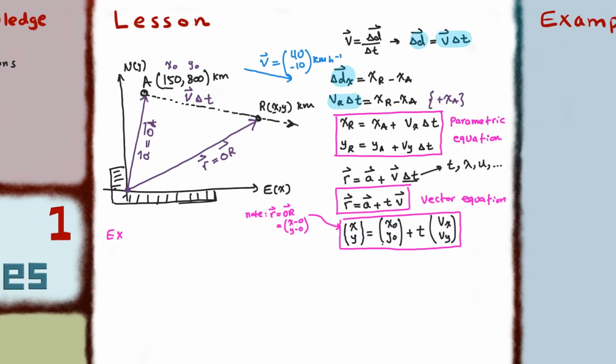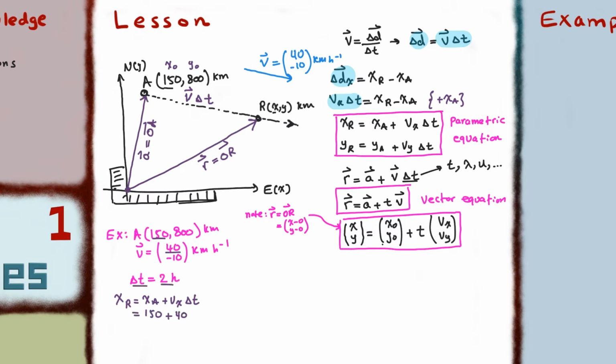For our example above, if we had point A at 150 and 800 kilometers and velocity was 40 kilometers per hour in the east and 10 kilometers per hour in the south direction, and the change in time was 2 hours, then the x coordinate of our final position is going to equal the initial x position plus the velocity in the x direction times delta t.